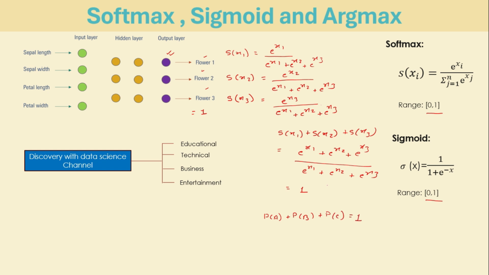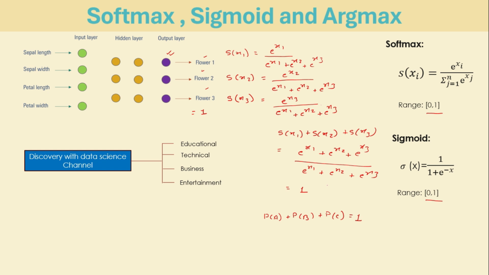So whenever we get a problem involving mutually exclusive output, meaning one input will have one output only and the outputs are independent of each other, then the SoftMax function is best suited.